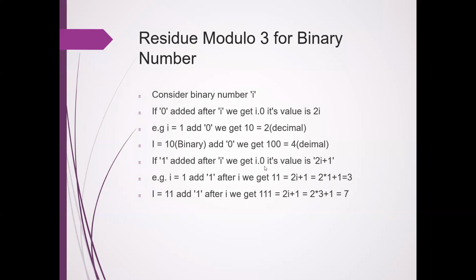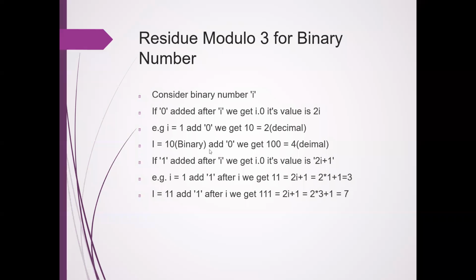Now in this example, we have to construct a Moore machine to find the residue modulo 3 for a binary number. Residue modulo 3 means that when you divide a binary number by 3, your Moore machine should tell what the remainder is. For that, consider this logic.